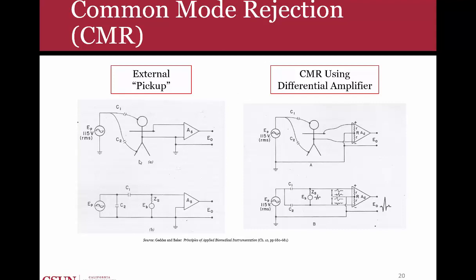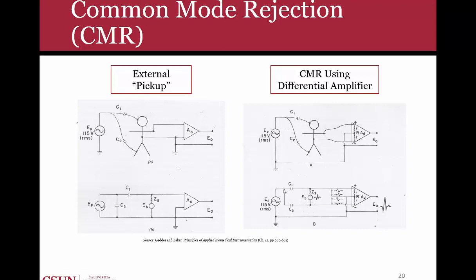So if you're taking this person here with stray capacitances, you can model that person as this voltage source EB with some impedance ZS, and you'll have some capacitances that are connected to your power line, and that's how they're coupled to you as a person. And so that signal will be amplified when you're doing any kind of processing. So you're going to use a differential amplifier, like I told you before, to get rid of that common mode.